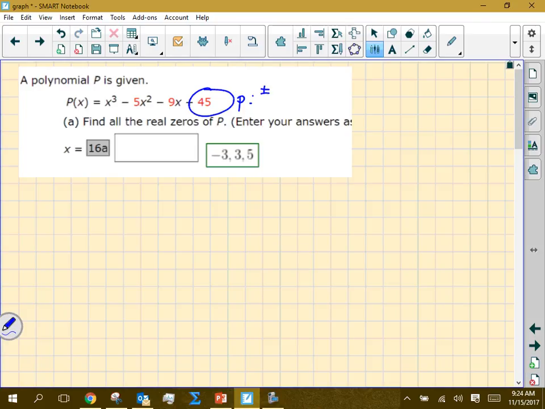So factors of 45: plus or minus 1, plus or minus 3, plus or minus 5, plus or minus 15, and then plus or minus 45, right?